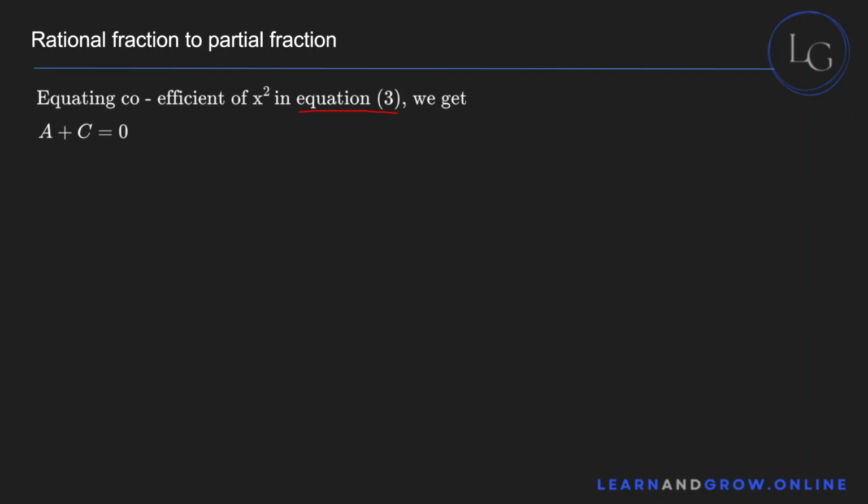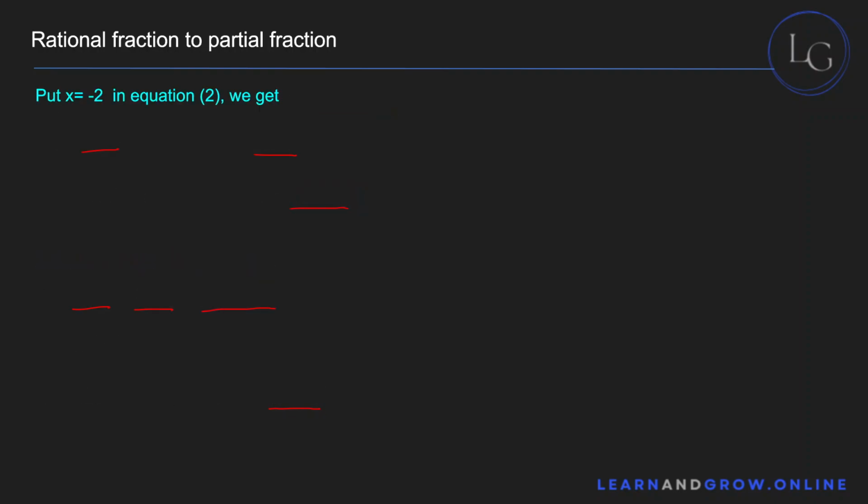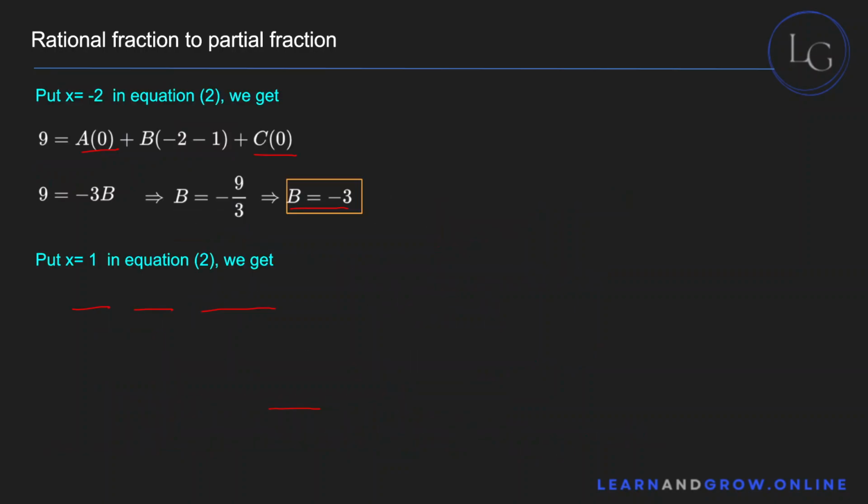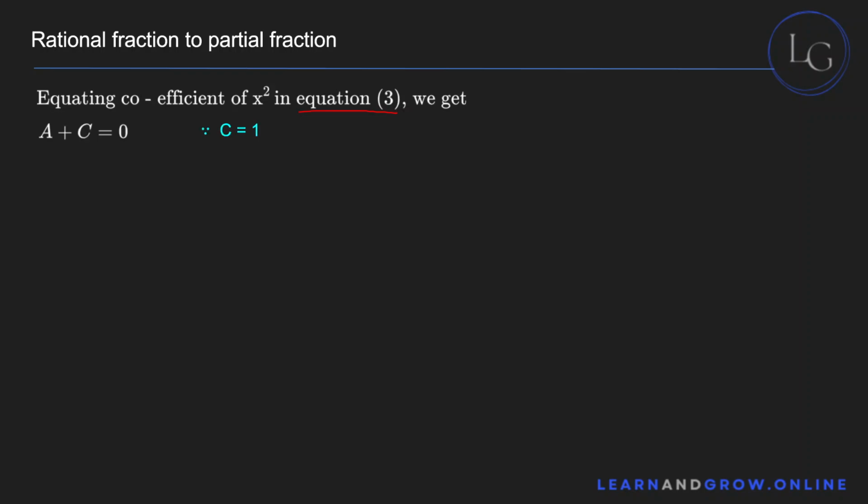Let me show you again. Look over here, a and c, a plus c. These are the coefficients of x squared. But you notice that on the left hand side, you have no expression for x squared. You have no coefficient for x squared. So that is why the coefficient of x squared will be equal to 0. So a plus c is equal to 0.